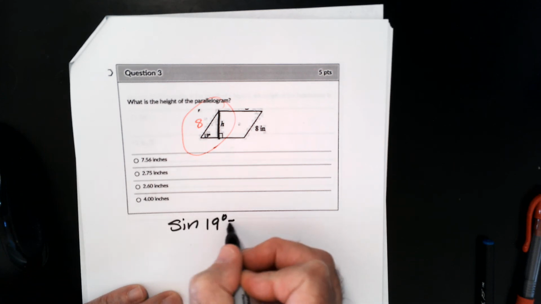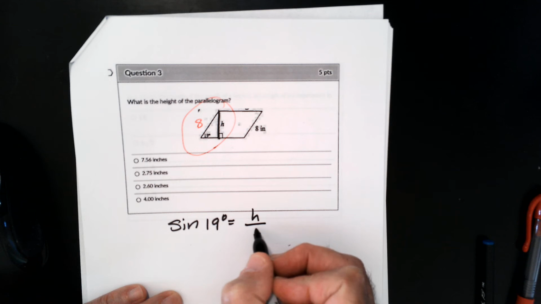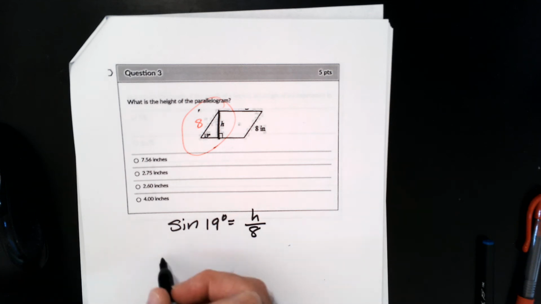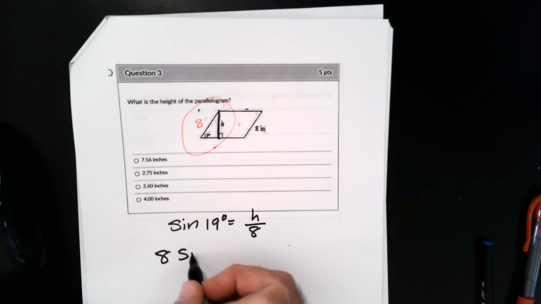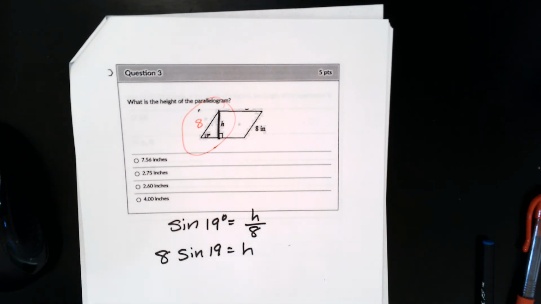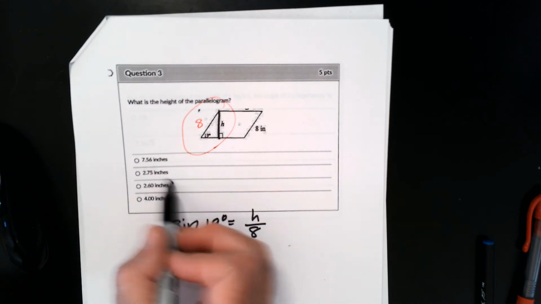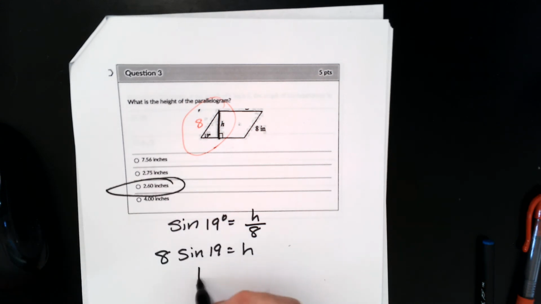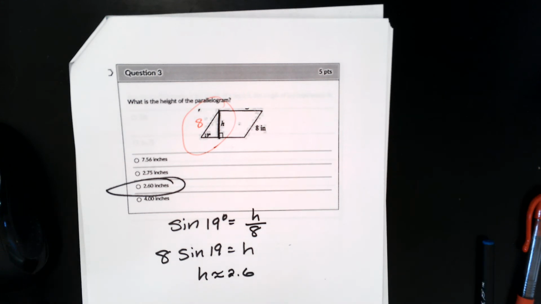Sine of 19 degrees is equal to opposite over hypotenuse. So we multiply both sides by 8, and that will give us the height. So 8 times sine 19 is 2.6. And so that would be right here. Again, we're rounding to that tenth spot.